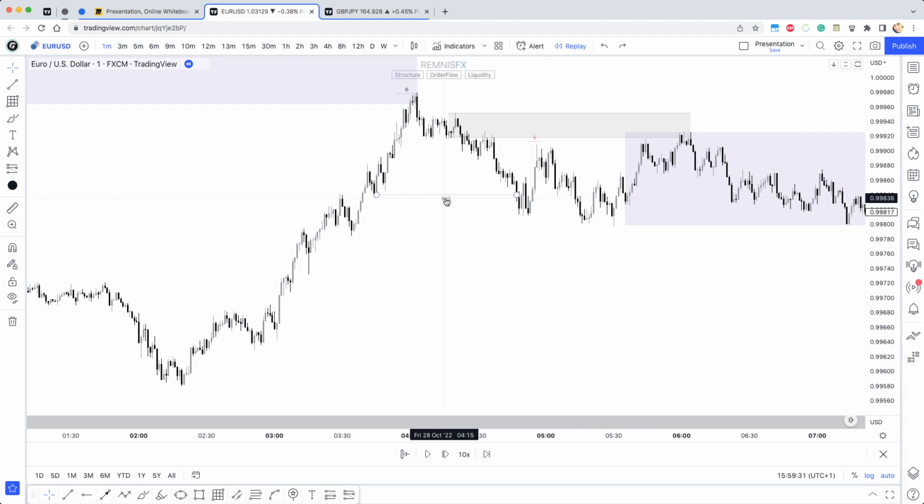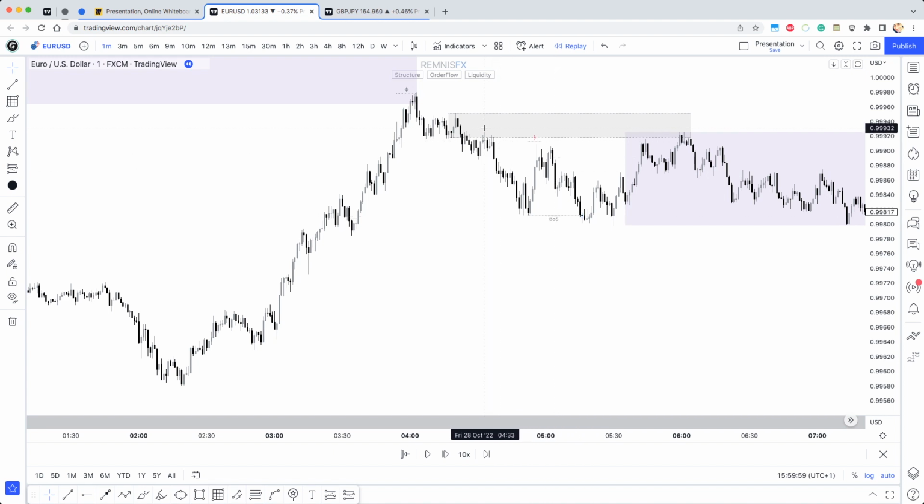Let me just quickly put that back here, right? This is your actual BOS because this low got taken out by price after the liquidity of the most recent move or high got liquidated, right? So this is a valid BOS, okay?